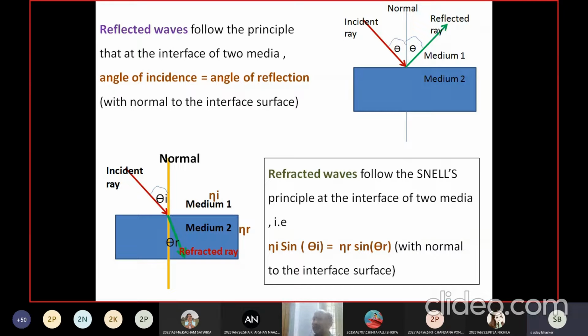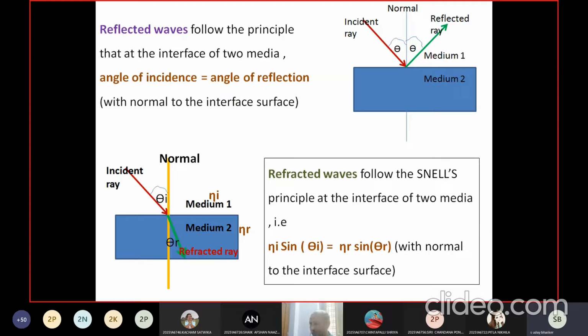If nu1 is the refractive index of medium 1 and nu2 is the refractive index of medium 2, and theta 1 is the angle of incidence and theta 2 is the angle of refraction, then nu1 sin theta 1 is equal to nu2 sin theta 2, the relation that is satisfied by the light ray propagating from one medium to another medium.